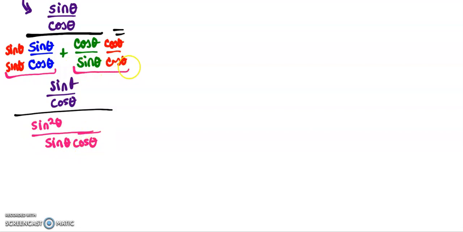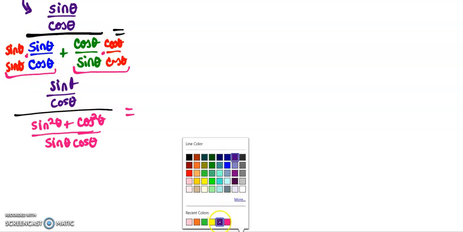And this guy over here is going to have the same denominator, so I'm just writing it in the same fraction, and it's got cosine squared in the numerator, okay? So I kind of did two things at once. It's going to be fine. I combined the fractions, multiplying, and then added. I just wrote the two numerators in the top, sine squared and cosine squared.